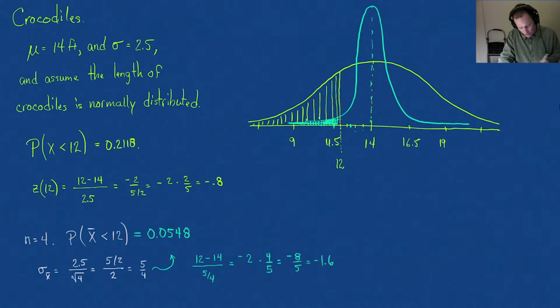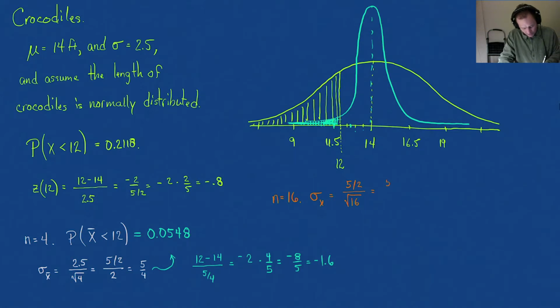You went all the way to orange, and orange is when you have groups of, say, 16 crocodiles. Well, at 16, what's going to happen to the standard error of the mean? Well, that's going to become a 2.5, which is the 5 halves, divided by the square root of 16. That's 4.